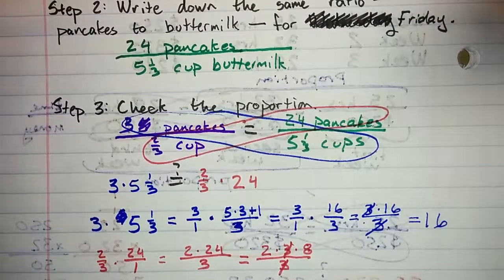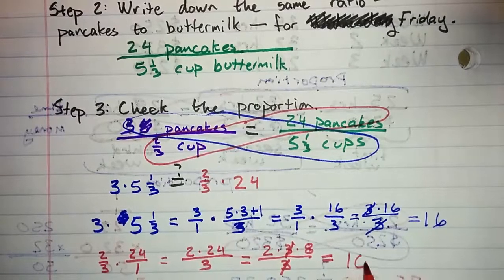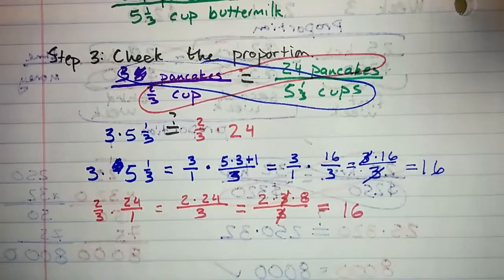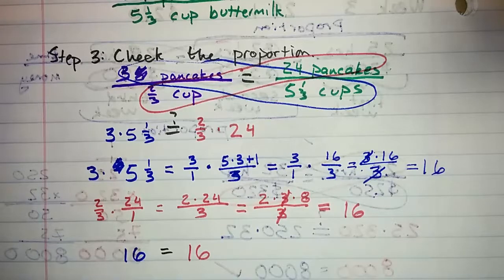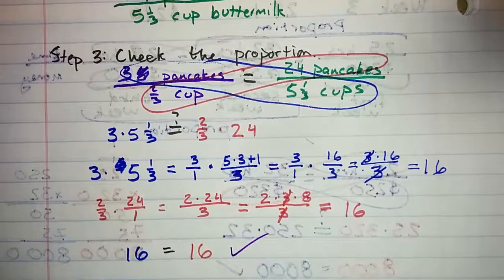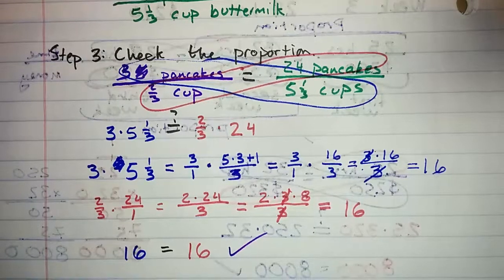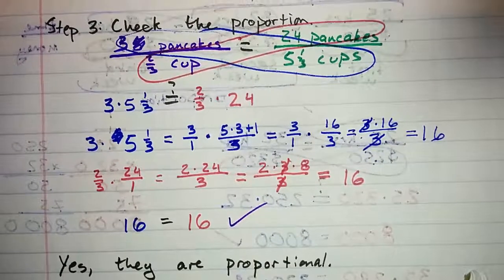The 3's will cancel, and I'll be left with just 2 times 8 is 16. Is it the case that 16 equals 16? Sure is. So the question was, are the quantities proportional? The answer is yes, they are proportional.